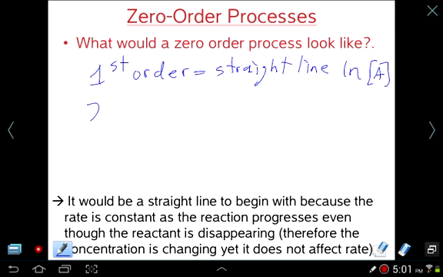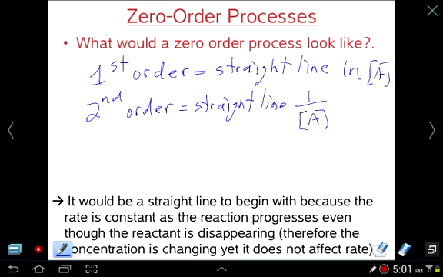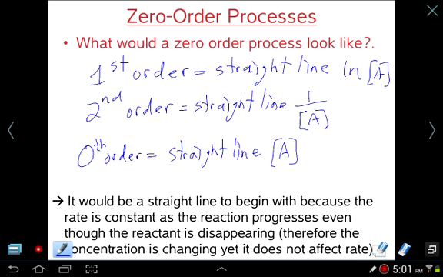A second order process gives you a straight line when you take the inverse of that concentration. And a zeroth order, I guess you can say, you get a straight line to begin with, meaning just by graphing the concentration you get a straight line.